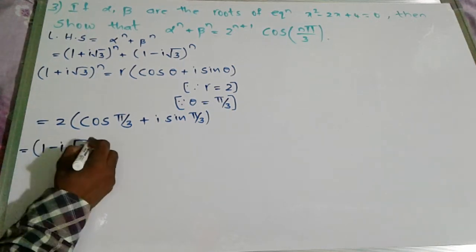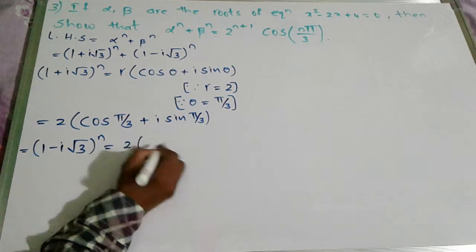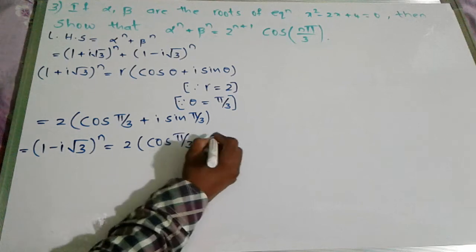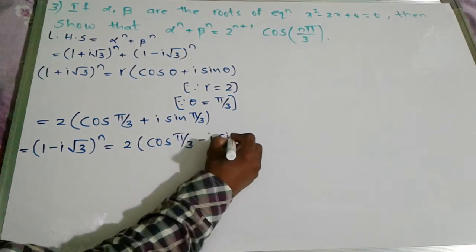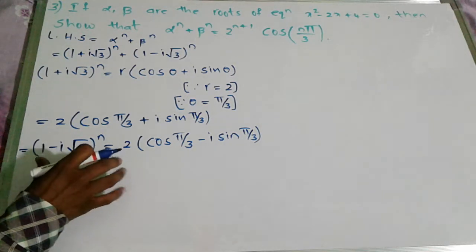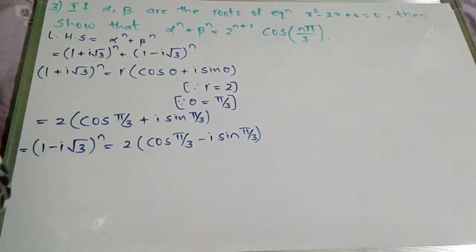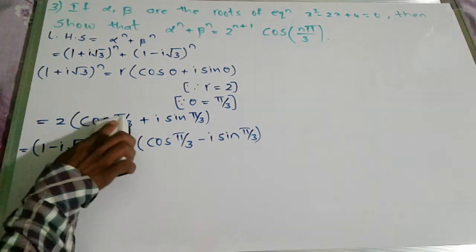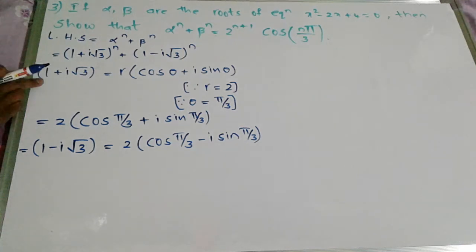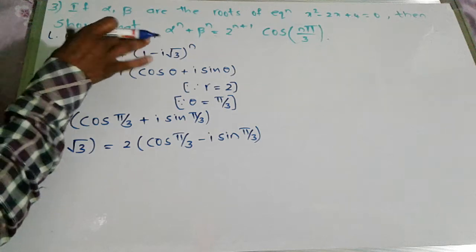(1 + i√3)^n = 2^n (cos π/3 + i sin π/3)^n and (1 − i√3)^n = 2^n (cos π/3 − i sin π/3)^n. So I am substituting the values 1 + i√3 and 1 − i√3 over here.